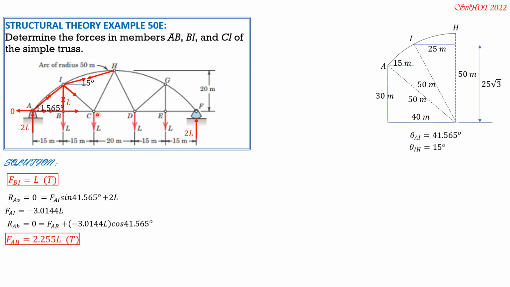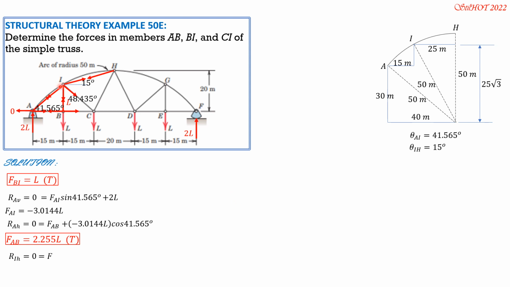So arctan of 15 over distance BI, which is this distance. Use your calculator there. Distance BI is 25 square root of 3 minus 30. So arctan of 15 divided by quantity 25 square root of 3 minus 30. The measure of the angle is 48.45, this angle here from the vertical of CI. So therefore at joint I, there are two unknowns. So let's set our summation of horizontal forces to 0 first.